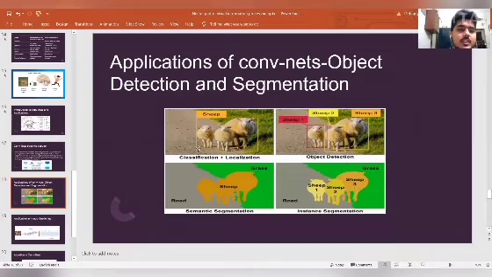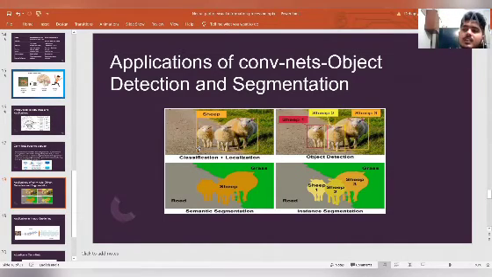Number three is the applications of convnets. Apart from image recognition, which is the basic use of convnets, we can talk in detail about object detection and segmentation.